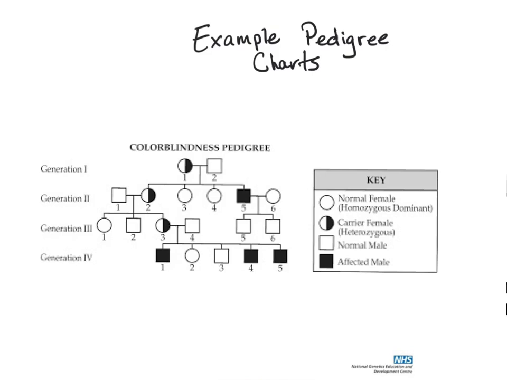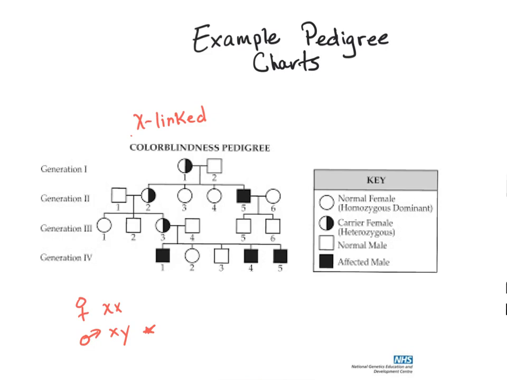Here are a couple of example pedigree charts to give you an idea of how to interpret them and what they mean. The first one that we'll talk about is colorblindness, which is inherited in a manner called X-linked. The gene for colorblindness occurs on the X chromosome, and because females are XX and boys are XY, males only have one X chromosome, so they're the ones that normally are affected.